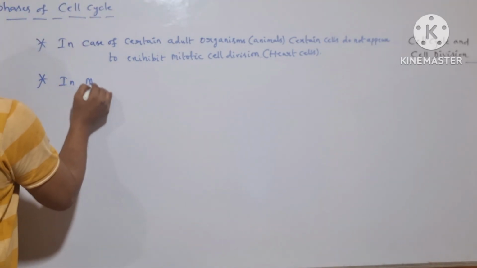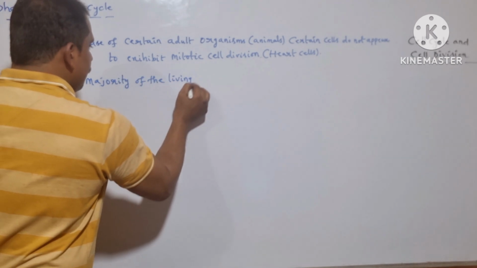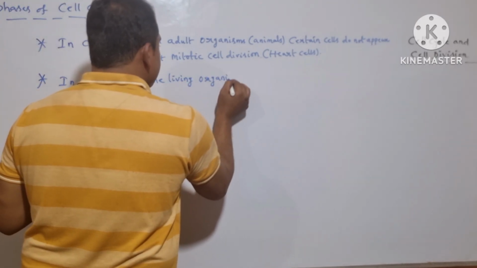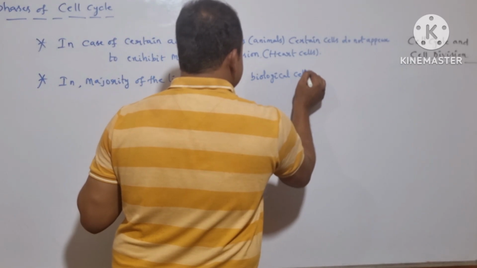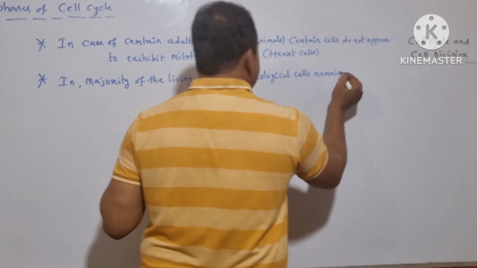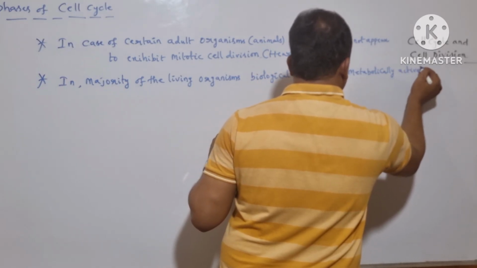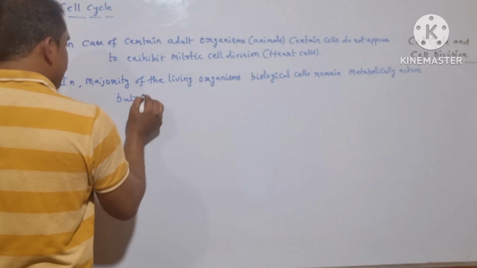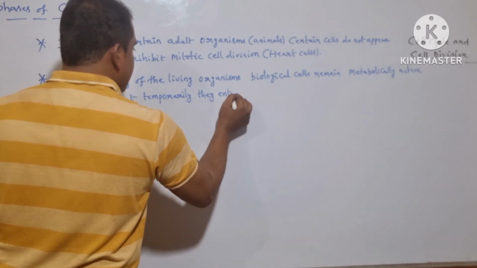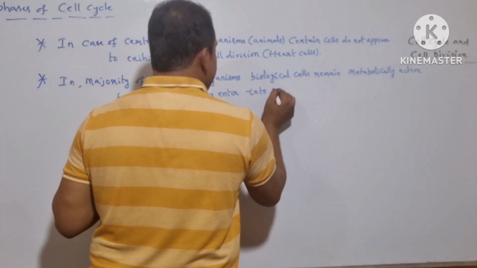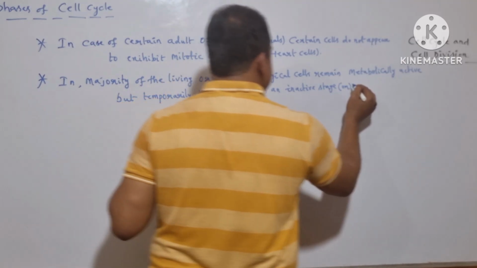In the majority of living organisms, biological cells remain metabolically active, but temporarily they enter into an inactive stage or G0 stage.